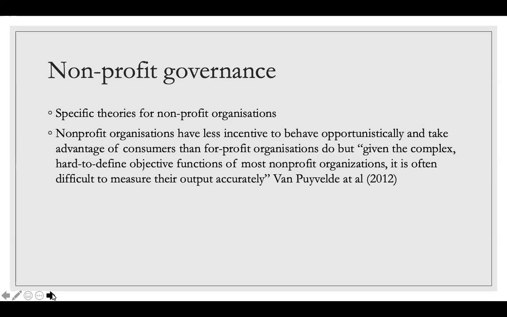But the challenge is that very often the functions of most nonprofit organizations are very complex and difficult to define or to pinpoint. And as a result, it's very difficult to measure their output accurately.